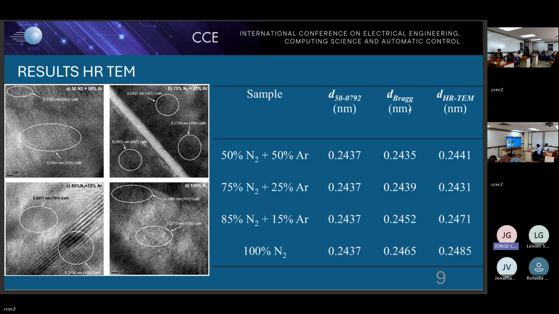Both 50 and 75% nitrogen layers have results close to the reference. So in this case, we could say that both are good layers. Next, please.